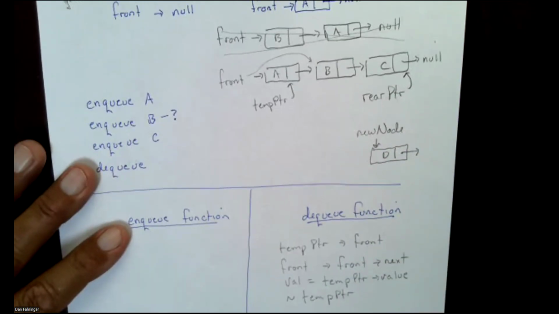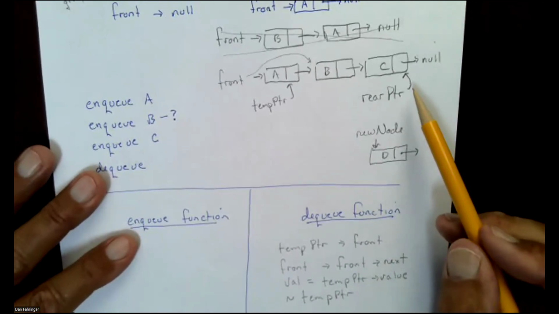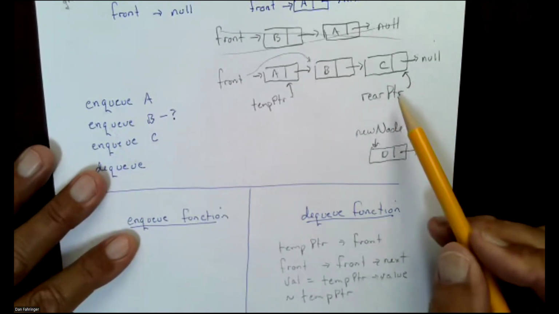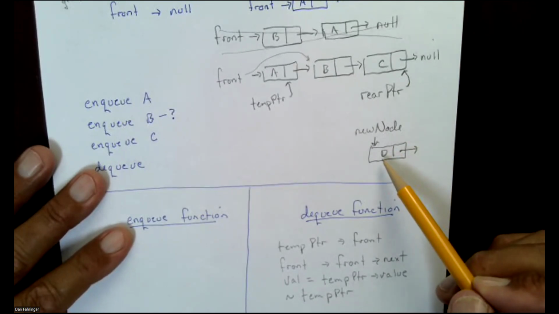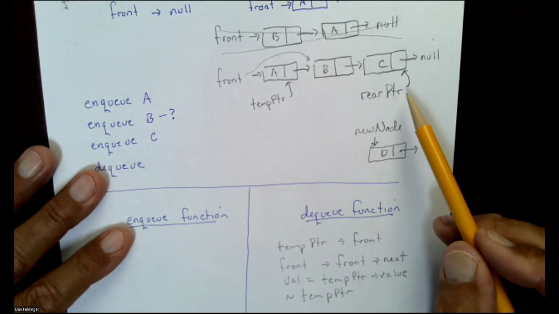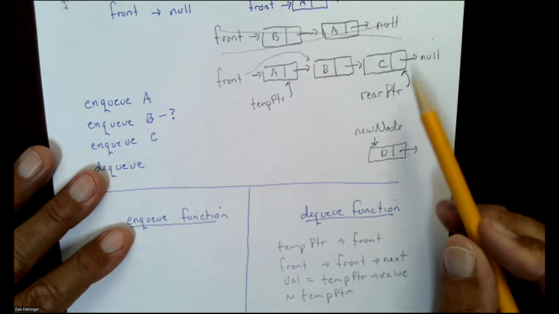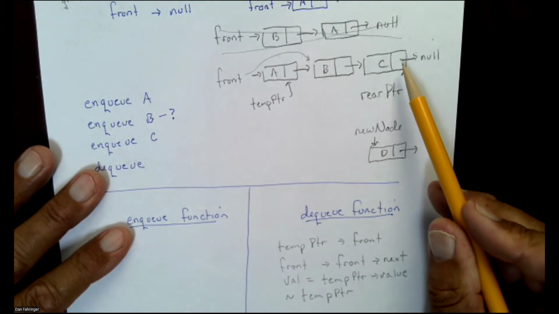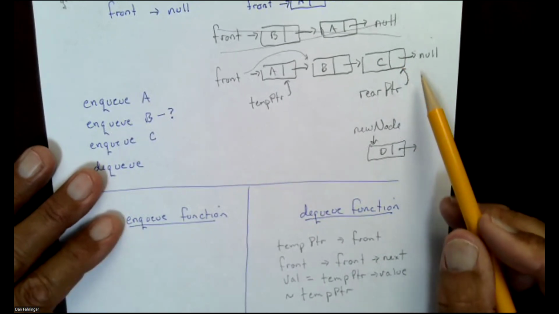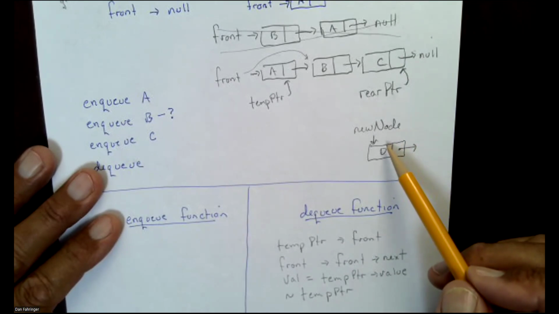Again, I have to draw the pictures. My rear pointer's next would get the value of new node. So that's this guy right here. My rear pointer's value gets and points to new node.